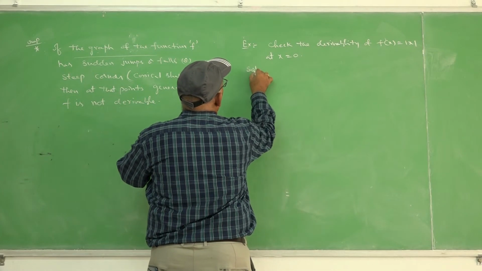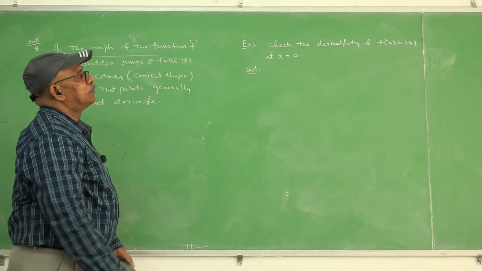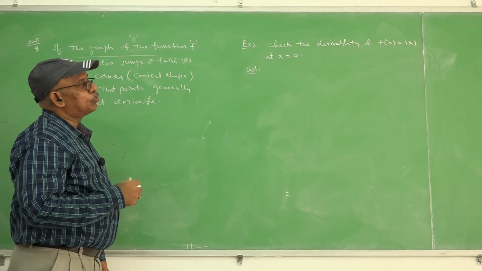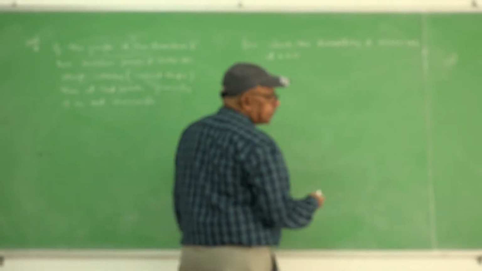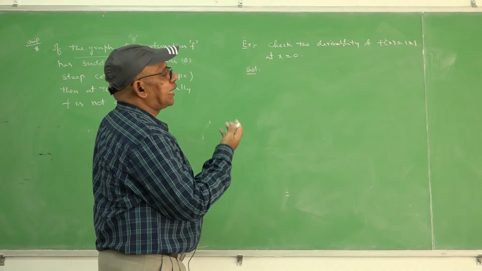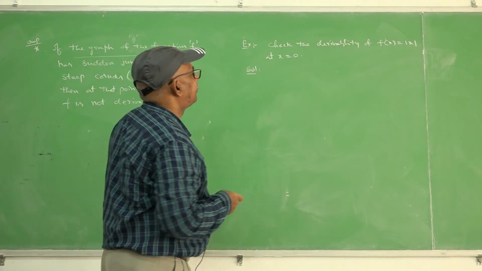To check the derivability of the function, at first I will check it through the analytical method. Analytical method means based on the limit concept, I will check whether the function is differentiable at 0 or not.